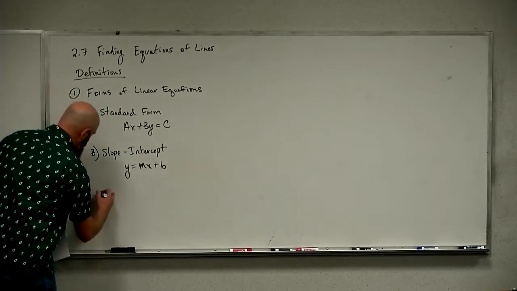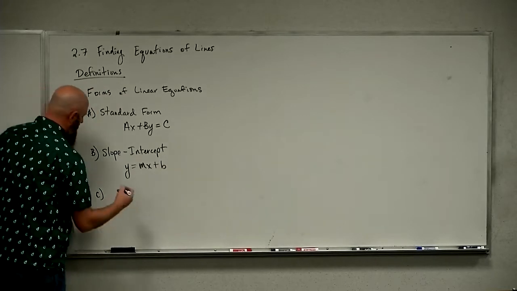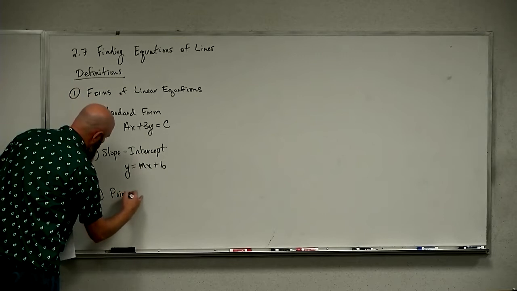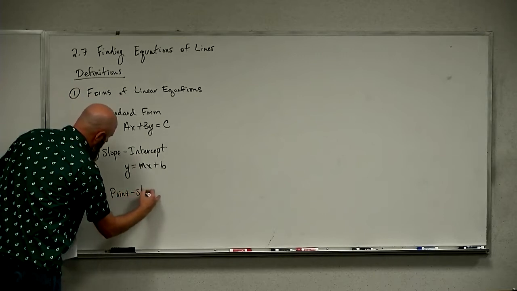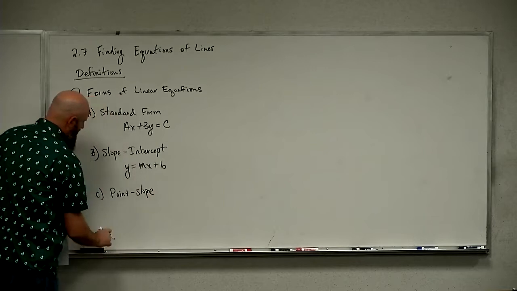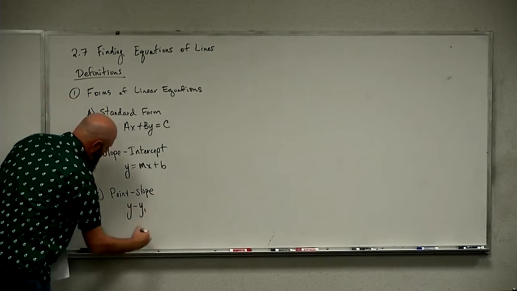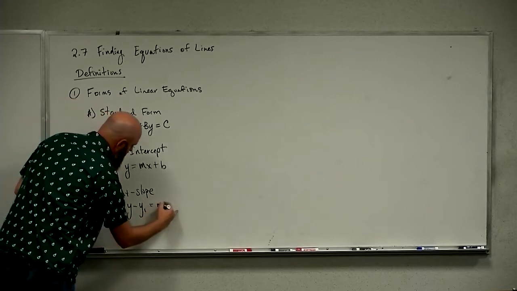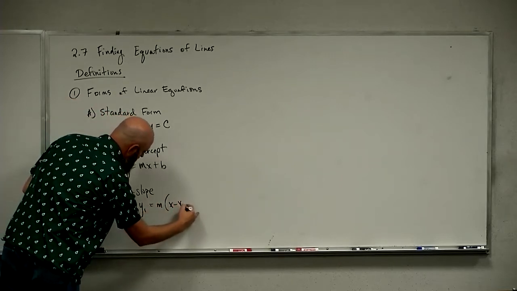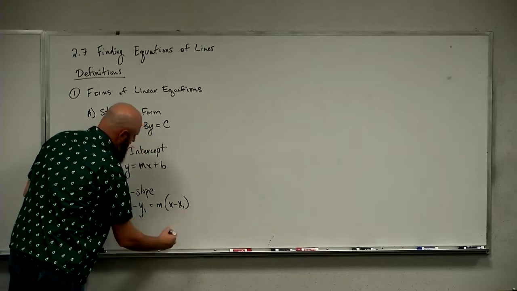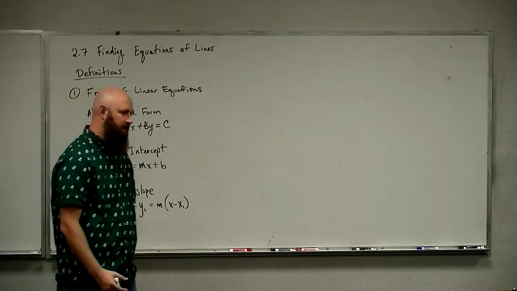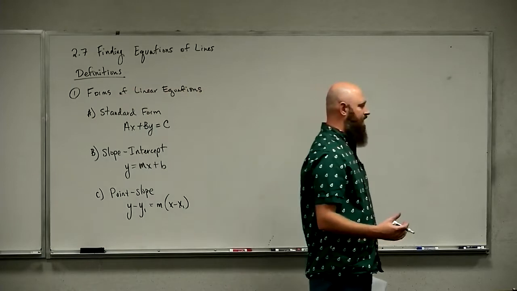And then our last one is a new way we've not seen before, and that is called point-slope. It's in this form: y minus y1 equals m times x minus x1. I know it looks a little bit uglier, but we're going to utilize that one today.